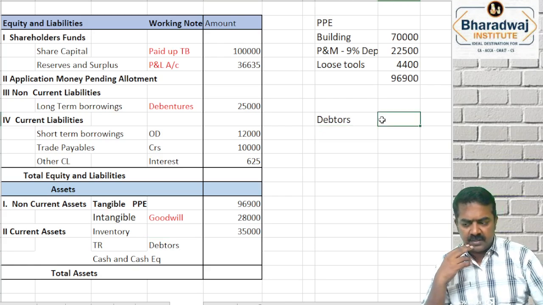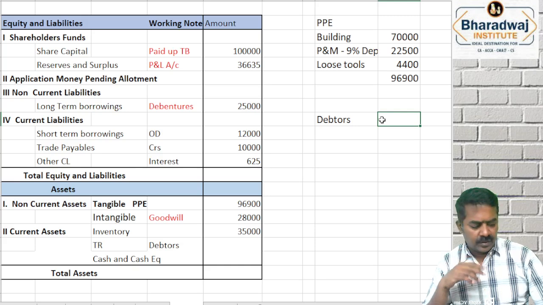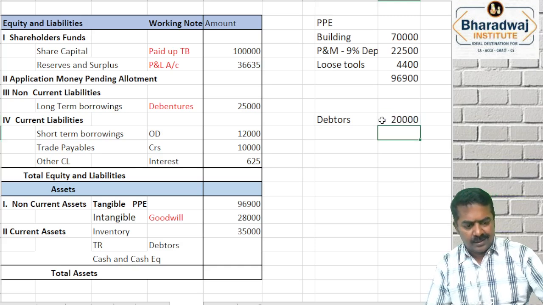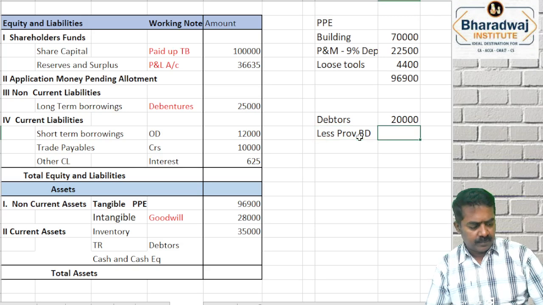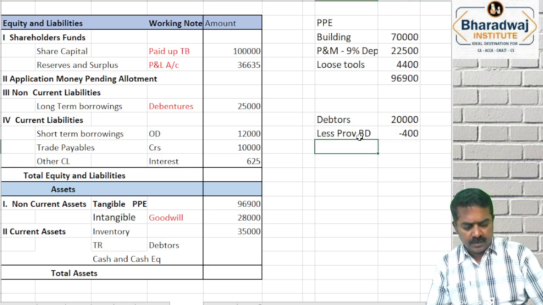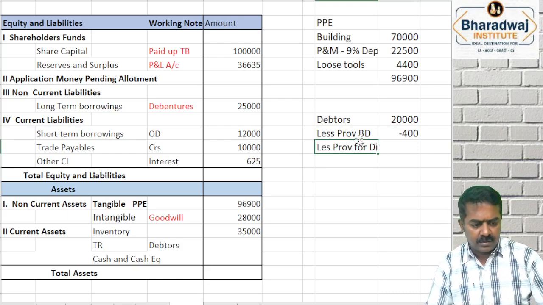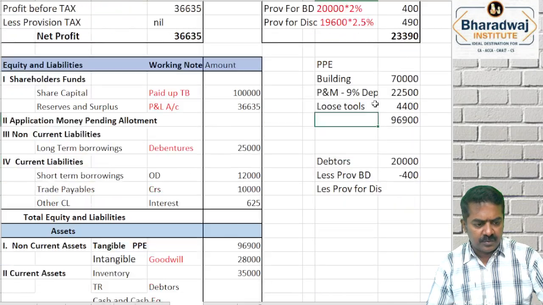What was the balance of debtors? 20,000, less provision for bad debts, less provision for discount. What is the provision for discount? 490.